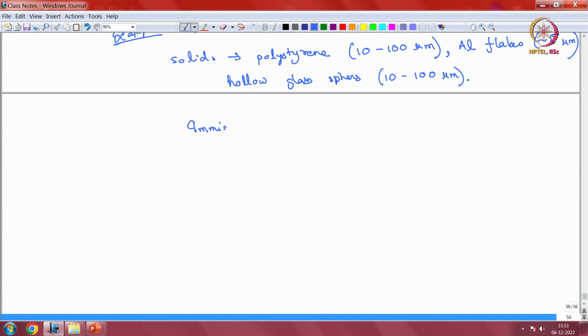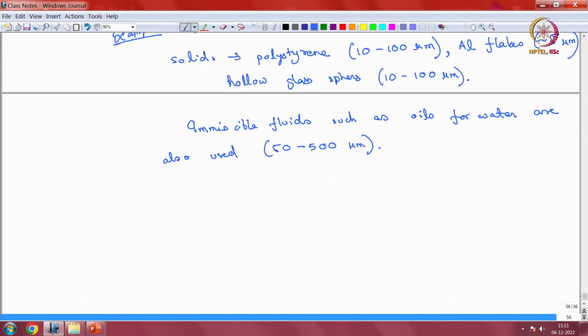Immiscible fluids, such as oils in water, are also used, again between 50 to let's say 500 microns. Again, these are all indicative numbers. Gas bubbles, 50 to 1000 microns, are also a possibility.